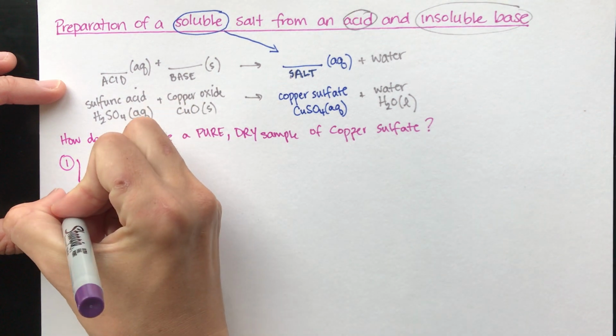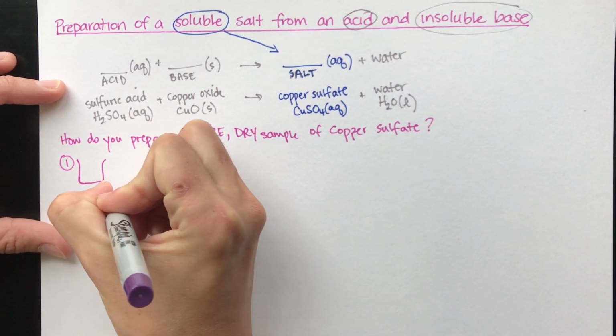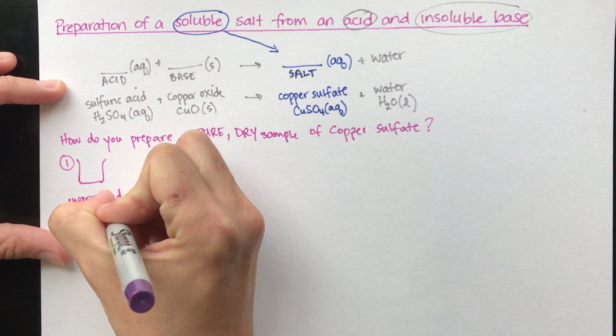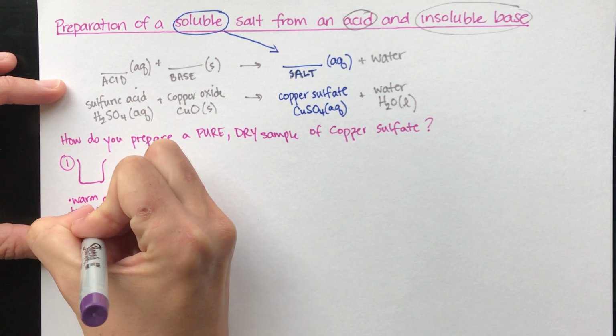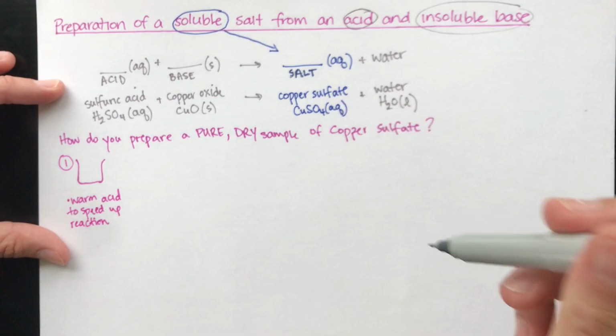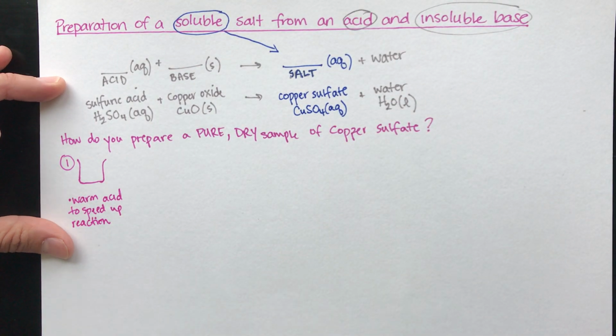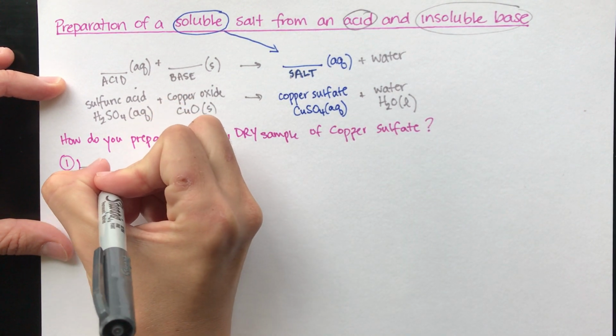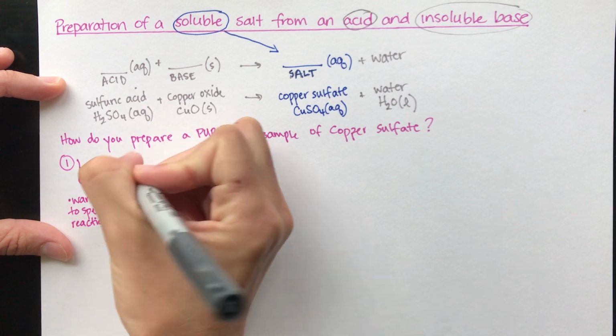But I'm just going to say warm the acid to speed up the reaction using any safe method. You could just say a hot plate to keep things easy. So we'd have our sulfuric acid in a little beaker. And warm it up.